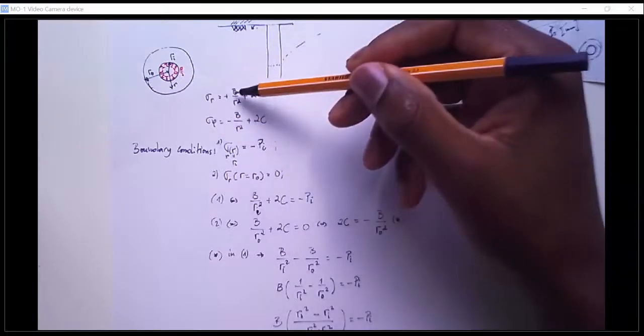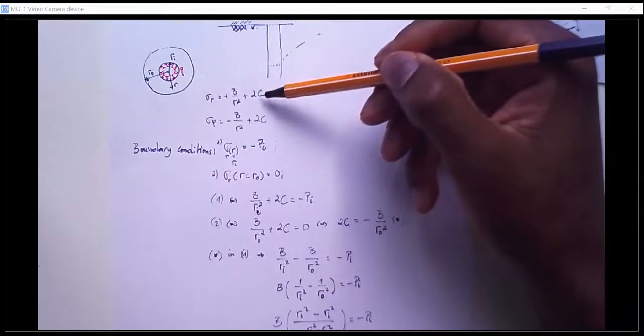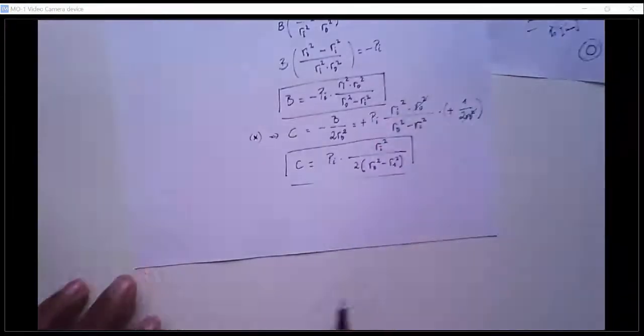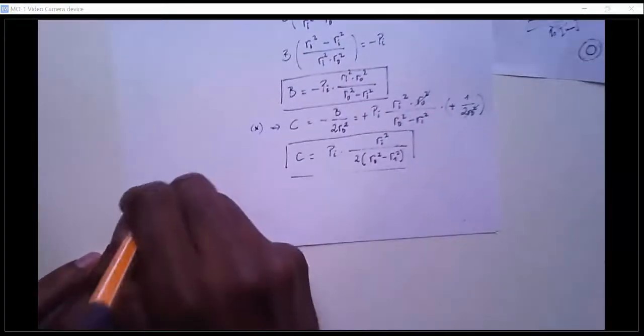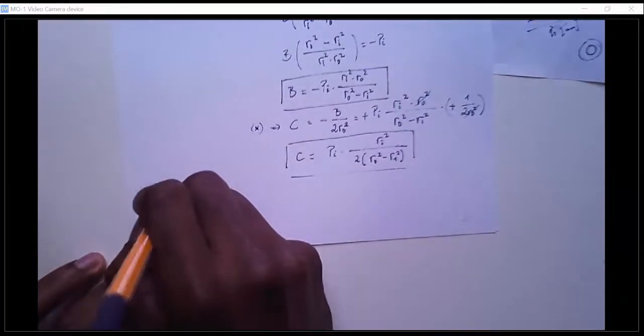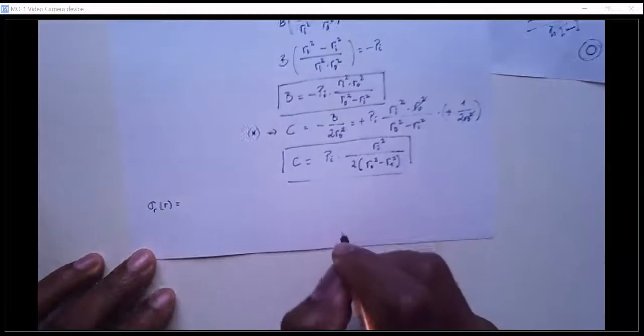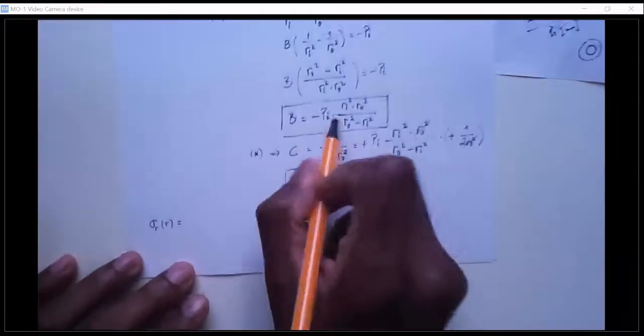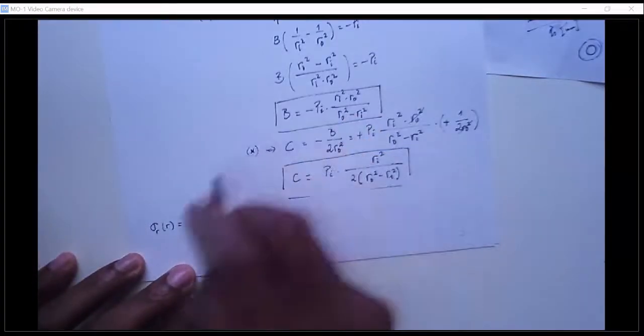Good. We have B and C, and therefore we can write the equations sigma r and sigma phi. I don't really know if it's necessary for us to write that right now, but let's just do it. So sigma in the radial direction is b divided by r squared plus 2c.